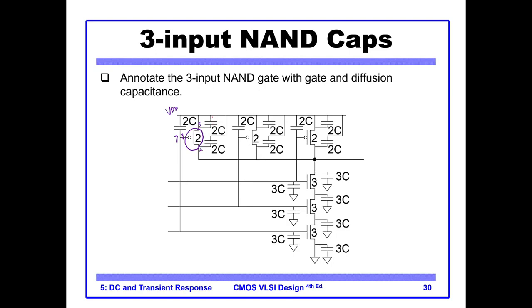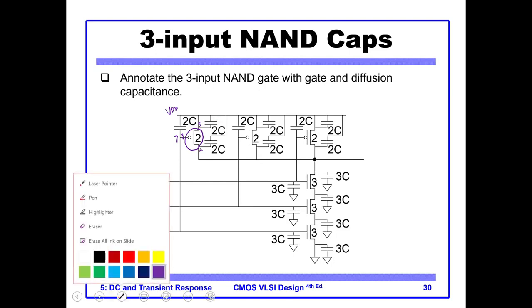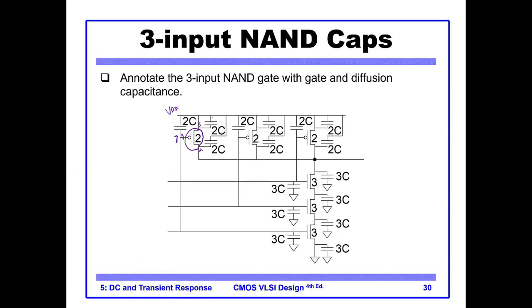Between the source we have another capacitor that goes from the source terminal to the VDD. Note that both terminals of this capacitor are connected to VDD, so basically this capacitor is shorted and we can remove it.